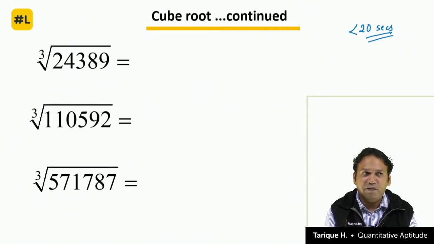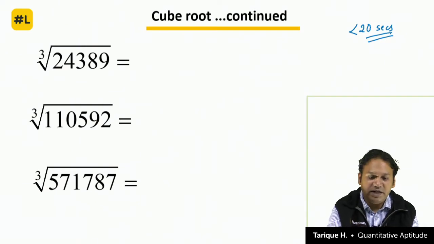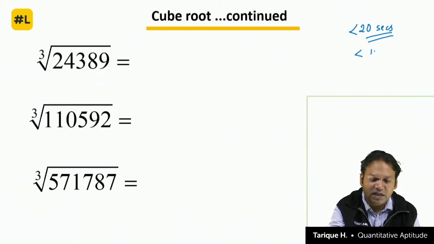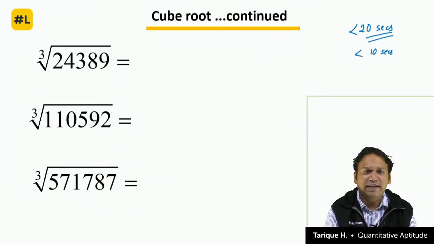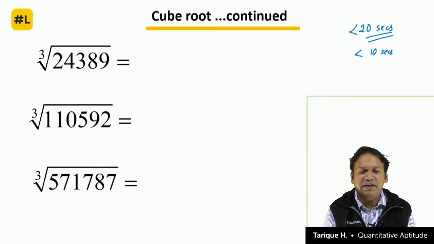What is the cube root of 24389, 110592, 571787? Can we get the answer in less than 10 seconds, right? 2-3 seconds maximum for each calculation. Within 10 seconds we should have all of the answers. Okay, let's see.